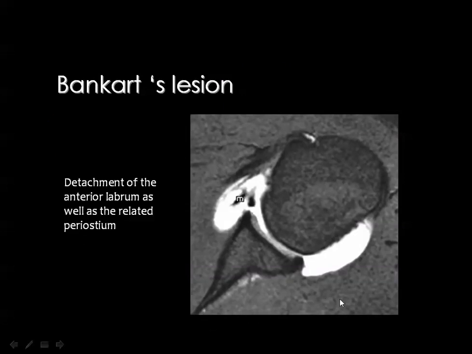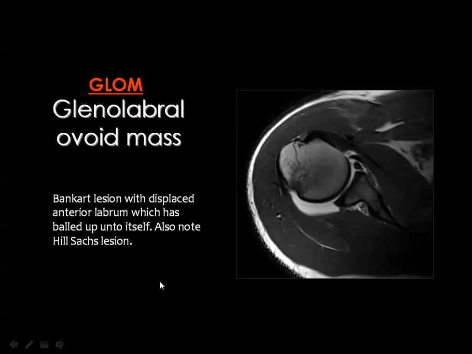Sometimes you may use the MR arthrogram, which will clarify these lesions and display them in a better way than the conventional MRI. Here is the subscapularis tendon, our anatomic landmark. This is the anterior labrum, which is separated from the glenoid part of the scapula. This is the posterior labrum, and you remember from the anatomy that this is the middle glenohumeral ligament, which is located between the subscapularis tendon and the anterior labrum.